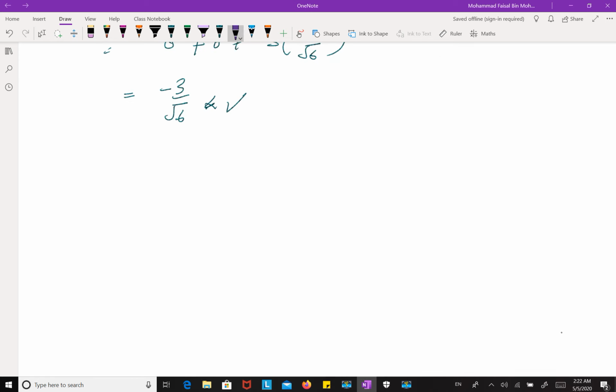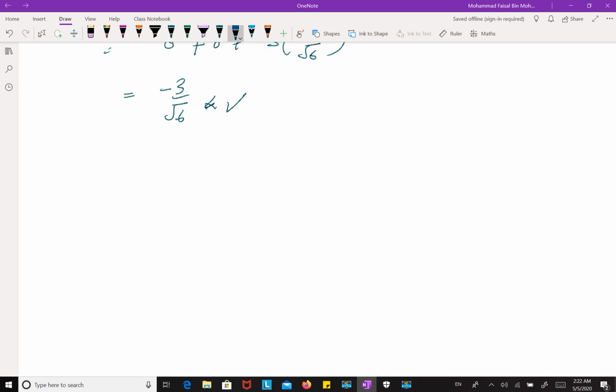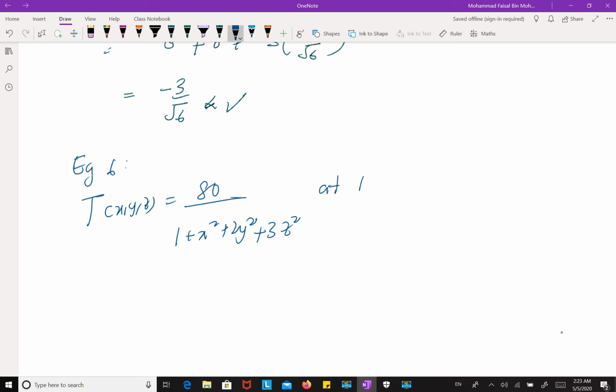Okay, next. Example 6. Let T(x,y,z) equal 80 over 1 plus x squared plus 2y squared plus 3z squared be the temperature in degrees Celsius at point P(x,y,z) in a metal solid.